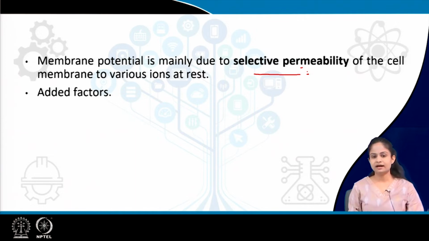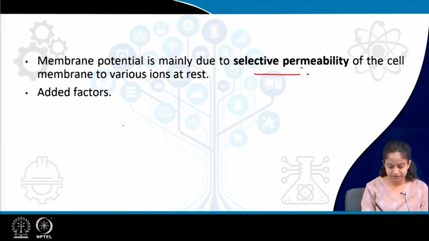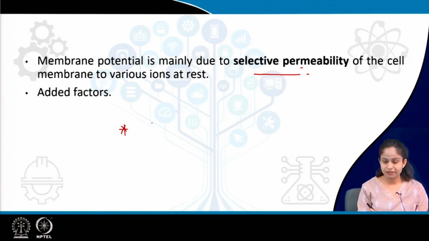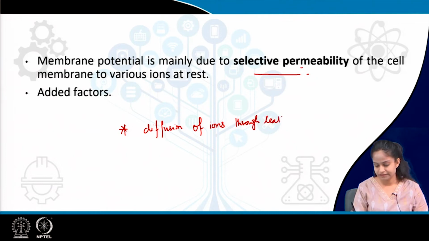So, these are the other factors, but before that what we have to remember is that the most important is that the resting membrane potential is mainly dependent on the diffusion of ions through leak channels.